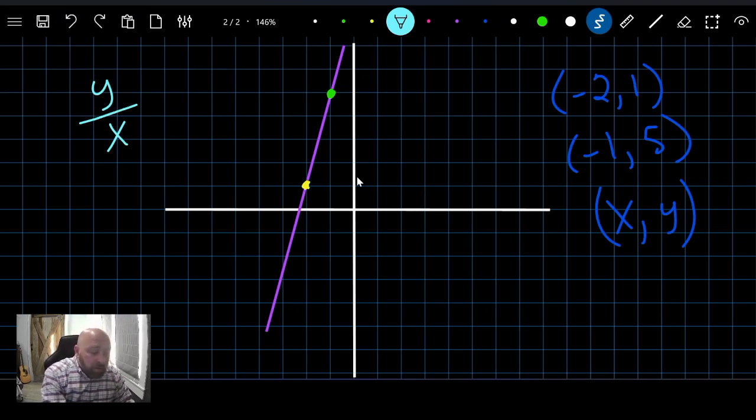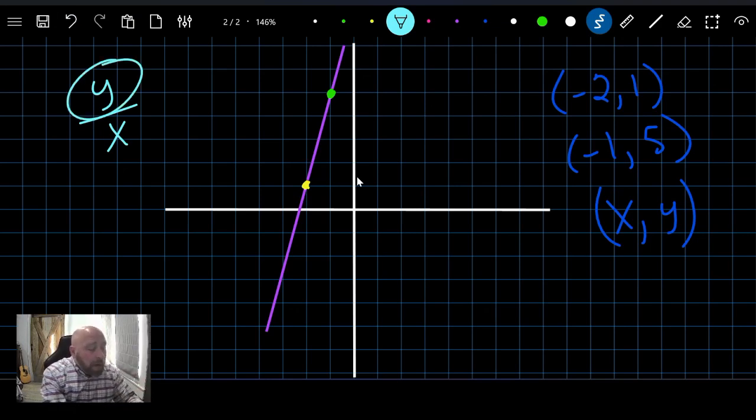Now notice, it doesn't matter if you start at this point or at this point. What we'll do is start at the first point we marked, this yellow point. It doesn't matter which one you start at, you'll get the same answer, but we have to pick one. So we're going to pick the bottom one because that's the first point they gave us.